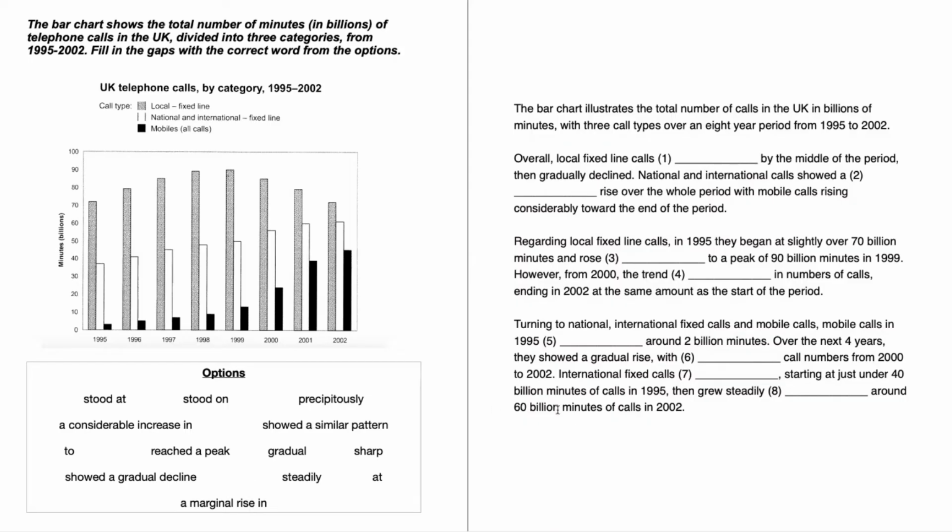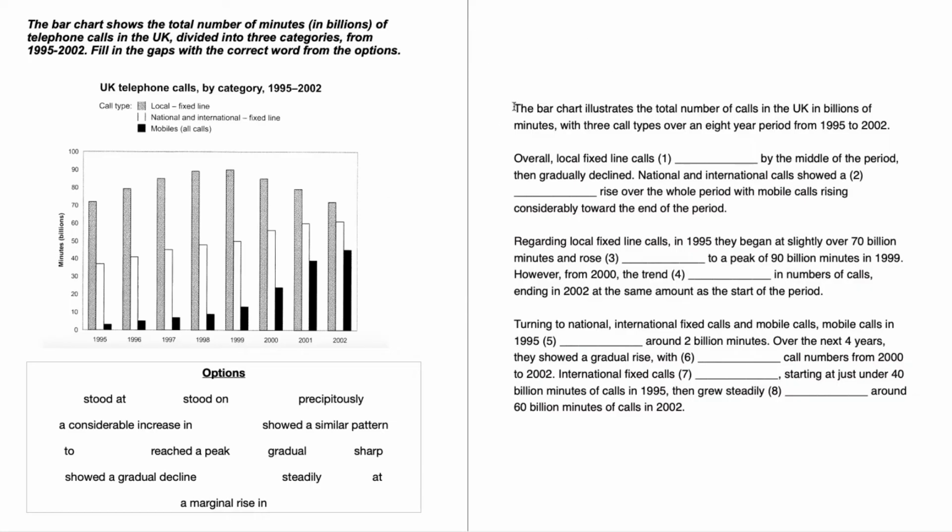This is also a great review for grammar. So what you could do is pause here and see if you can do this on your own and see which answers you get. Not all of the options will be used, but those that are used will be used once. So again, like I said, you can pause here. If not, we can do it together. I'm going to read this with you and then explain the answers.